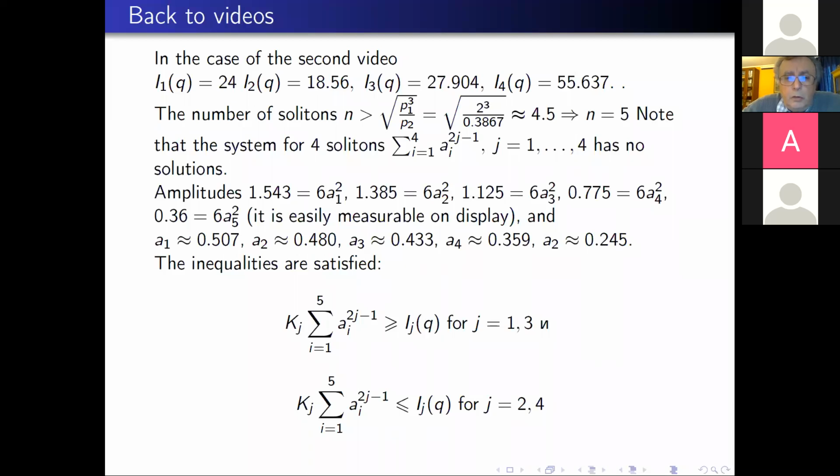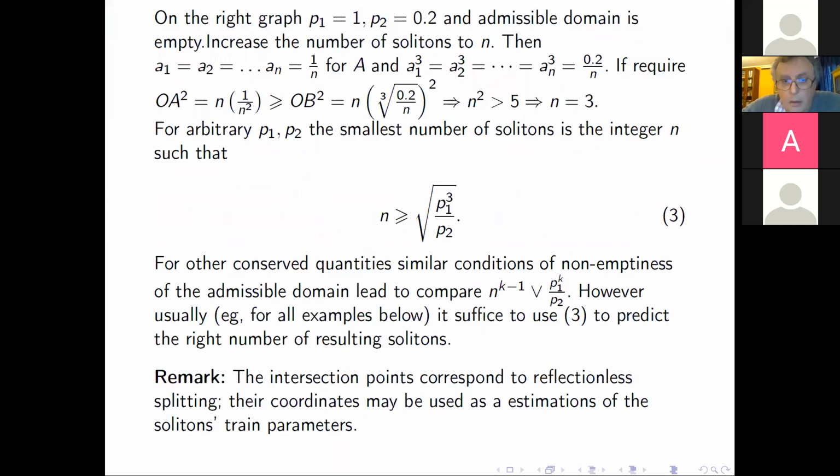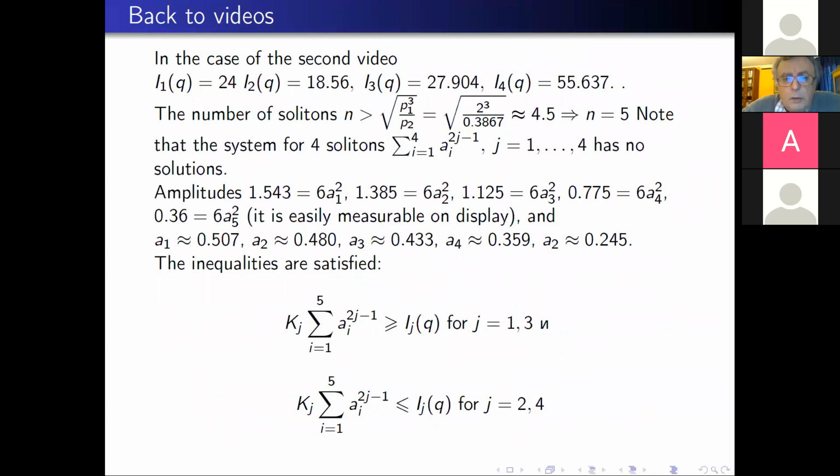As you have seen, the number of solitons after splitting is 5, and let us use this formula. We see that P is normalized values of conserved quantities.